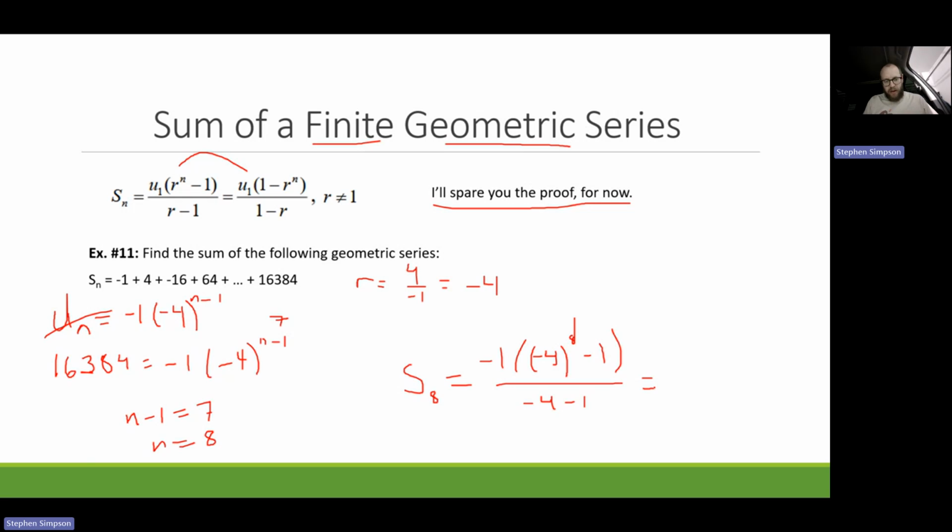Since I have my calculator right here, I'll go ahead and calculate it. Let's do the bottom first. The bottom's -5. Didn't need my calculator for that. Not to brag. Then on top, I have -4 to the 8th, which I'm pretty sure is going to be bigger than 16,000.